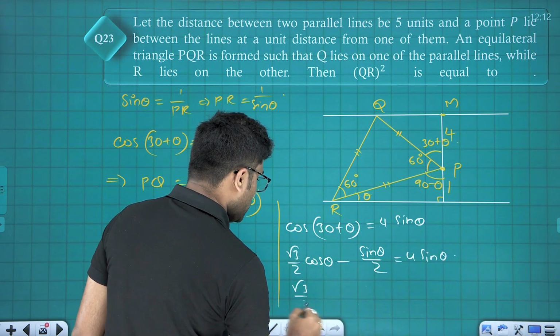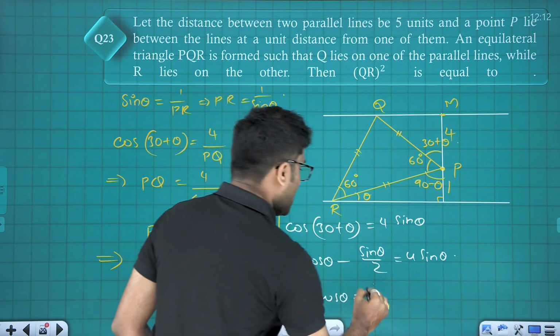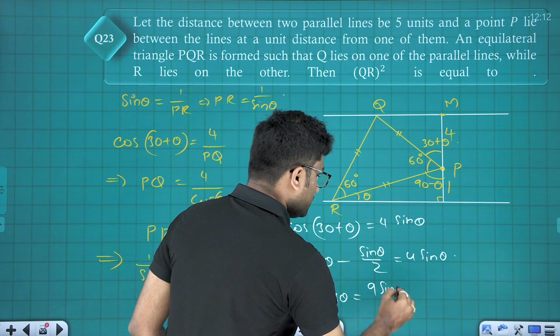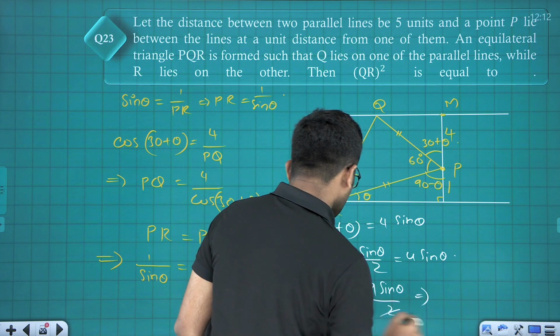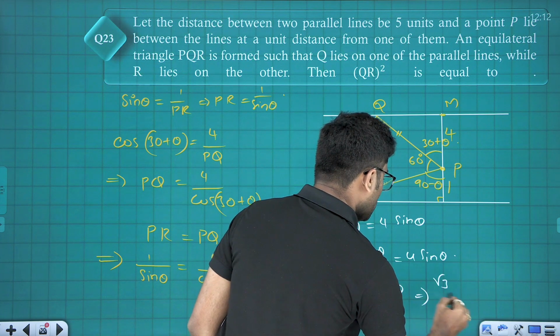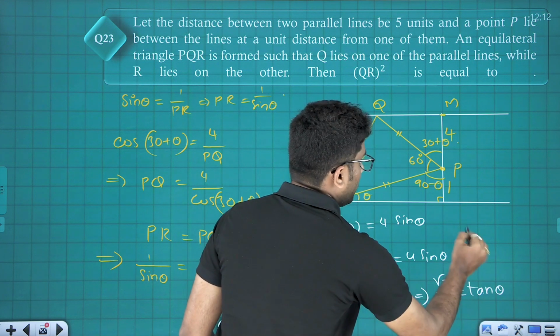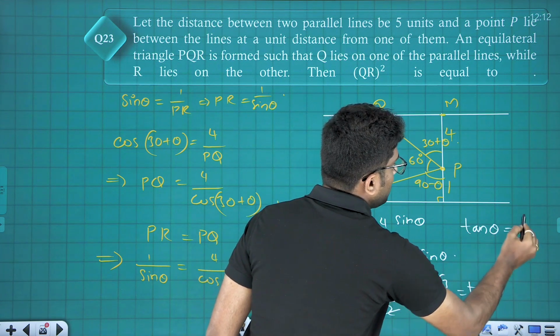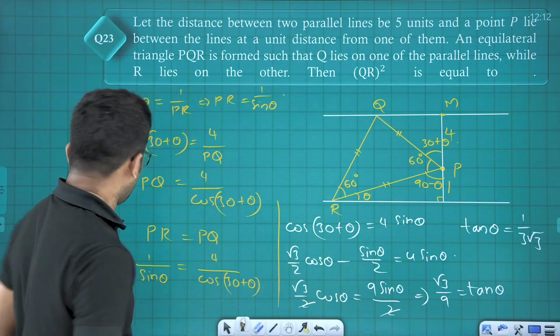So root 3 by 2 into cos theta is equal to 9 sine theta by 2. 2 cancels. Now finally root 3 by 9 is equal to tan theta. So tan theta is nothing but 1 by 3 root 3.